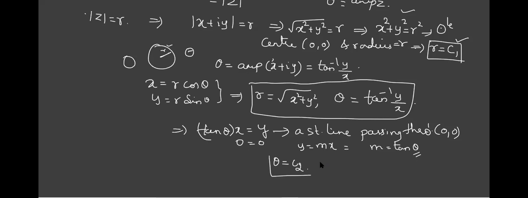I'll take it as C2. If I'm taking theta equal to C2 in the Z plane, what am I taking? A line passing through the origin, not parallel to anything.